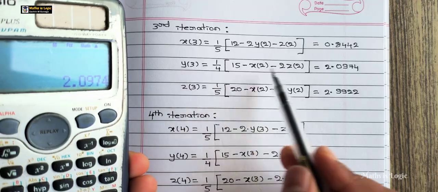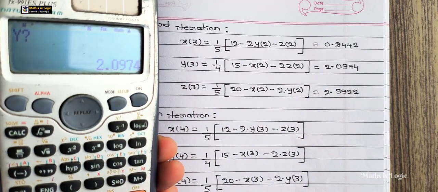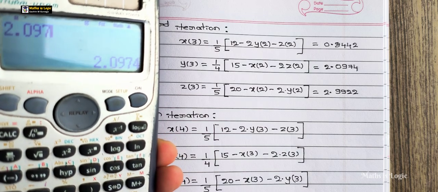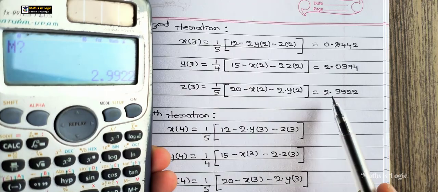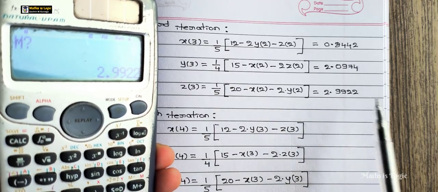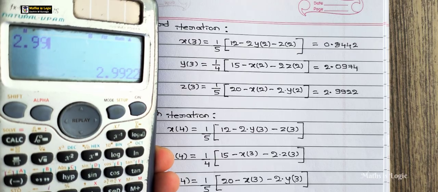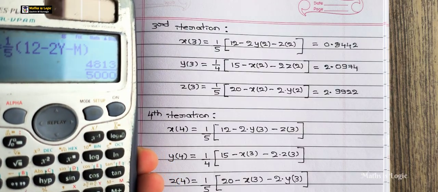Next again press equals, and it will ask you the y value. Previously we got 2.0974, so type 2.0974, correct. Next the z value, 2.9922, so press equals.